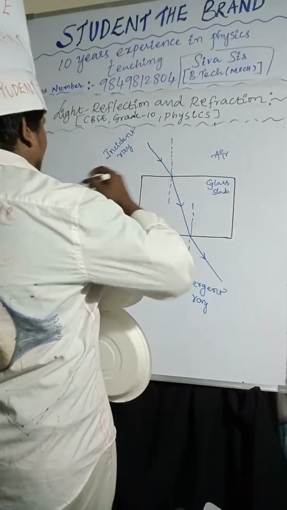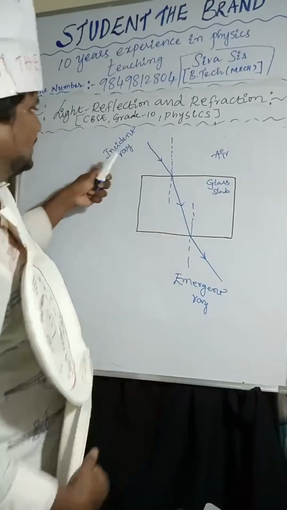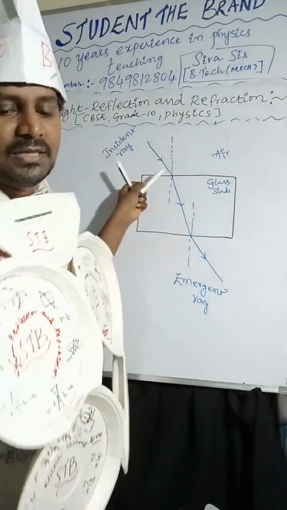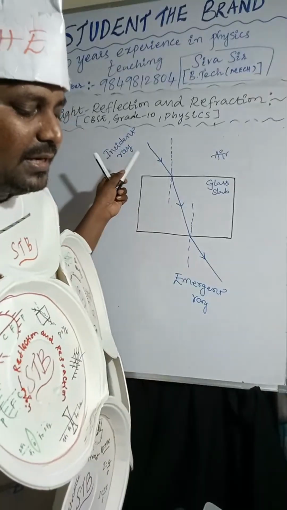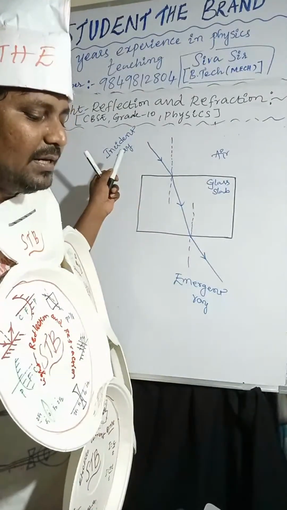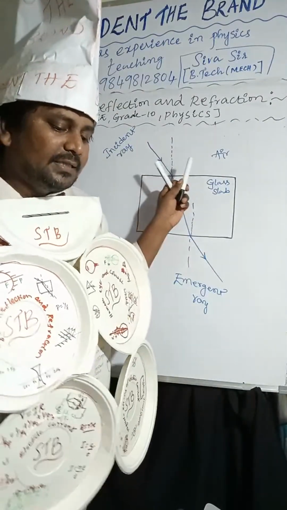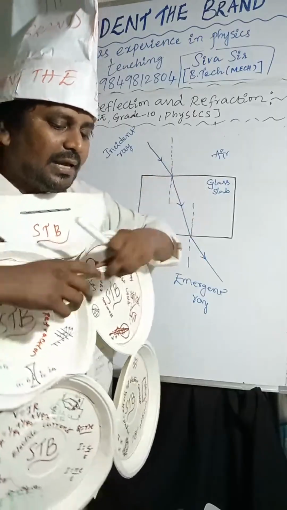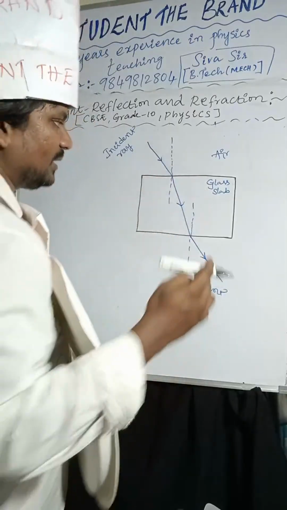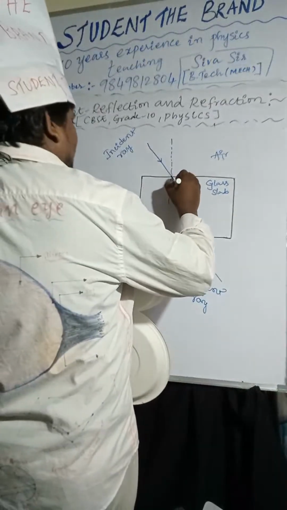So if you are extending this incident ray, this is the incident ray, right? If you are extending that incident ray, the light ray passes along like this.